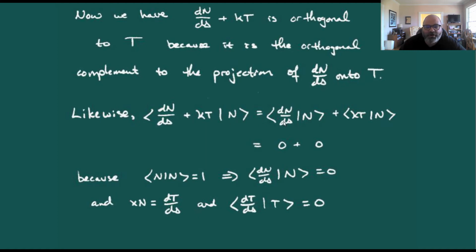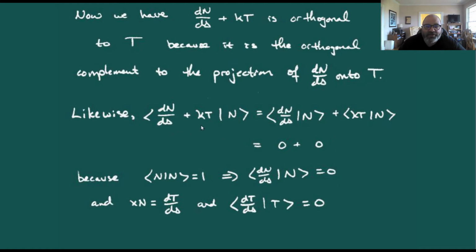So this is going to be the dot product of dN/ds with N, and the dot product of kappa T and N. Well, again, because our unit normal is always a unit vector, when we take the derivative with respect to the arc length, these two are going to be orthogonal, just like it was with the unit tangent vector. So we get a 0 out of that one. But then also the unit tangent and the unit normal are orthogonal, so we get another 0 out of this one.